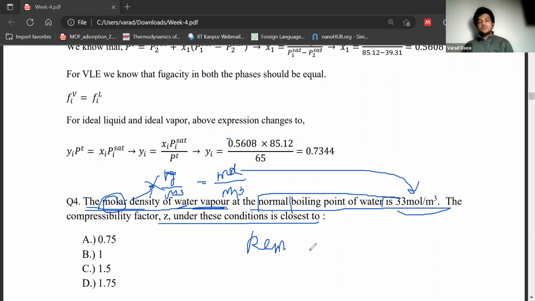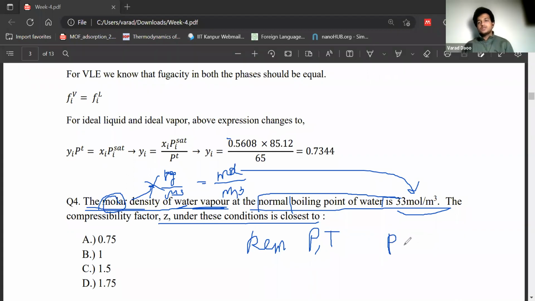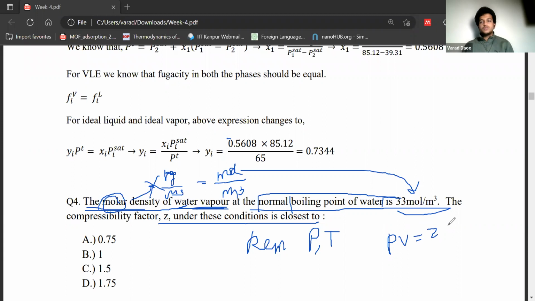So this will be associated with P and T. If you remember it, then you can use the ideal gas law, or you can use the expression PV equals ZRT. The whole catch is whether you know the normal boiling point of water. Once you get it, you know P, you know V, you know R, you know T, you can calculate Z.